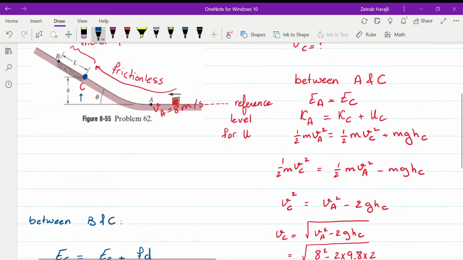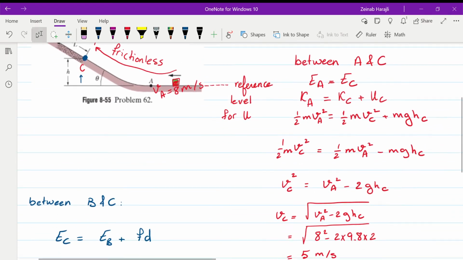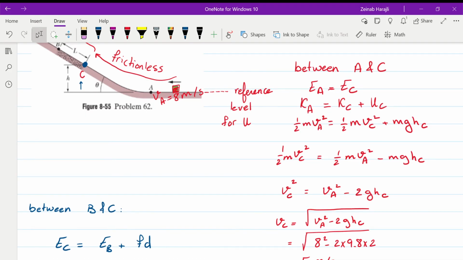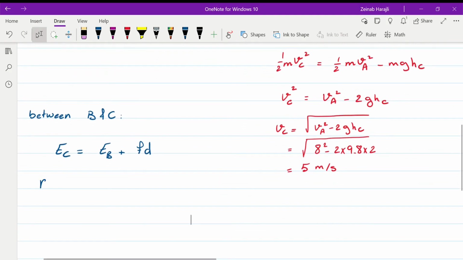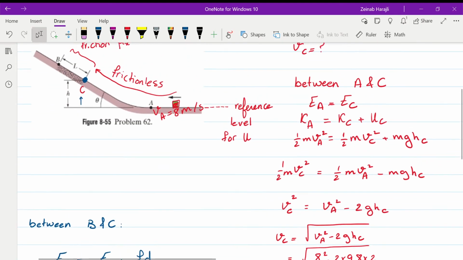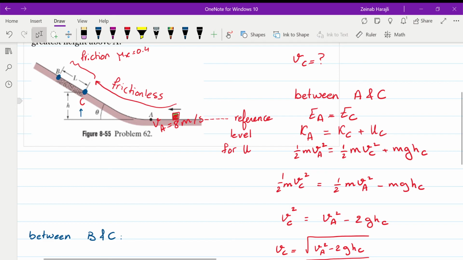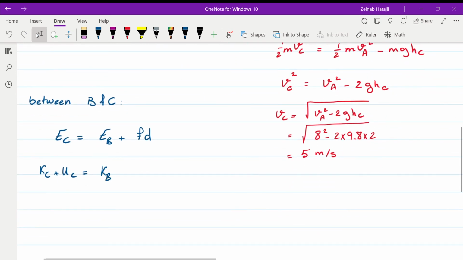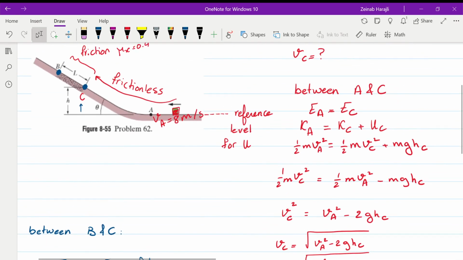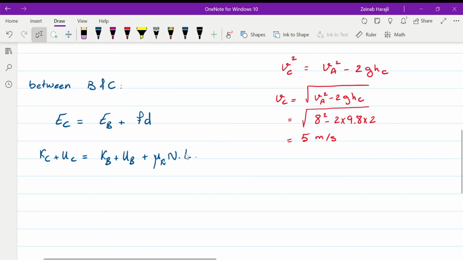So at C, we know that the kind of energy we have is kinetic and potential. So we know that here we have K_C plus U_C. At B, this is point B here, we also have kinetic energy and potential energy. And regarding the friction, we can substitute this by mu k times N times the distance. The distance here is L, which is given, so I will substitute d by L.